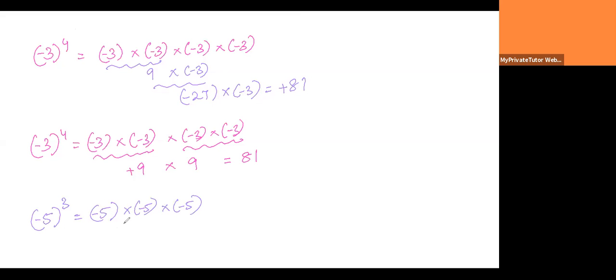If you multiply the first two numbers, we get plus 25. 25 times minus 5 will get minus 125. So the reason is we have an odd exponent. That's why we get the answer in negative.